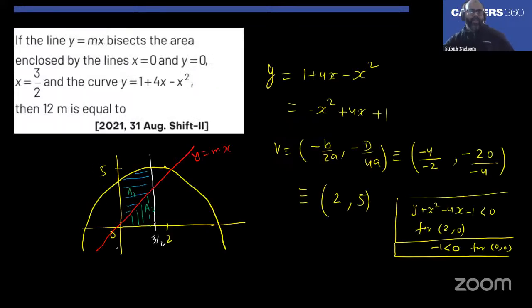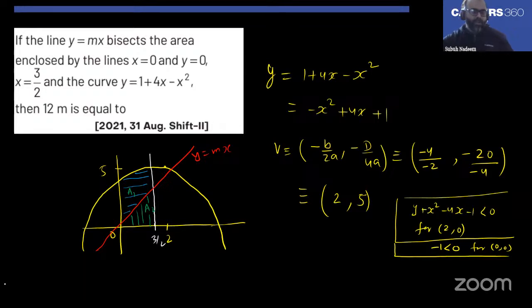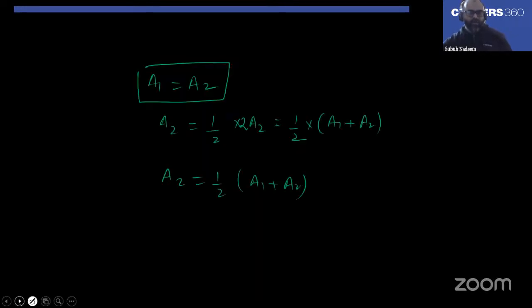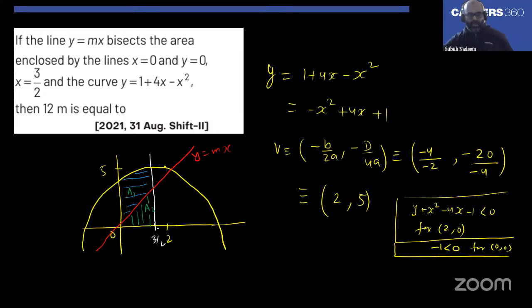Now we find A2 first. That is simple to find out. So if we find A2, A2 will be the integral from 0 to 3 by 2, and y is mx.